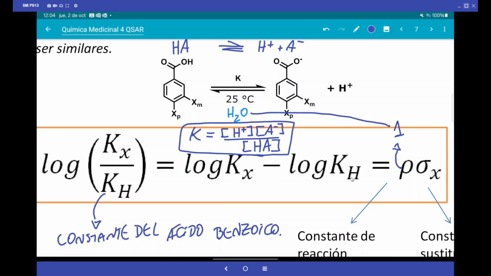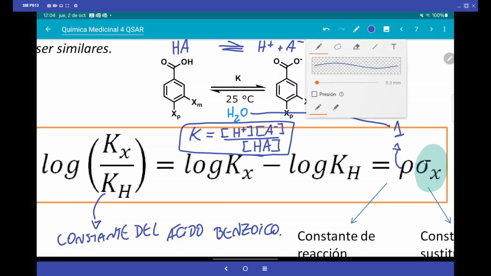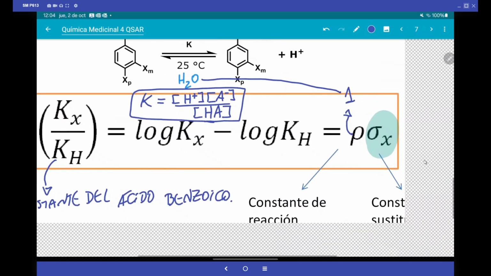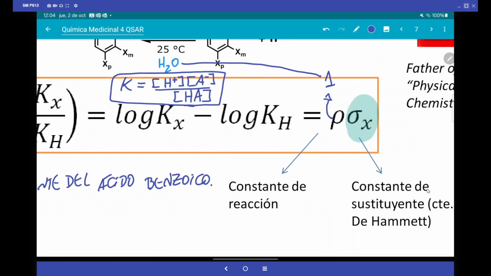In the subtraction, log Kx minus log KH will give us a value sigma, and there then is the definition of the Hammett constant, that value sigma, the Hammett substituent constant, because the rho will always be worth 1.